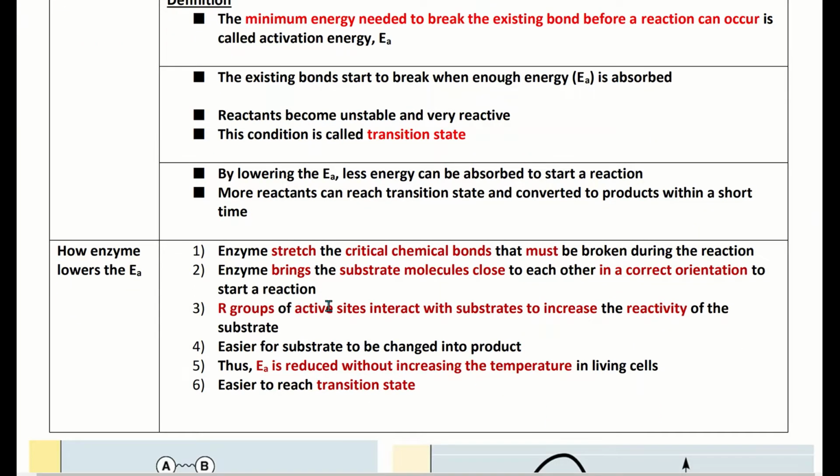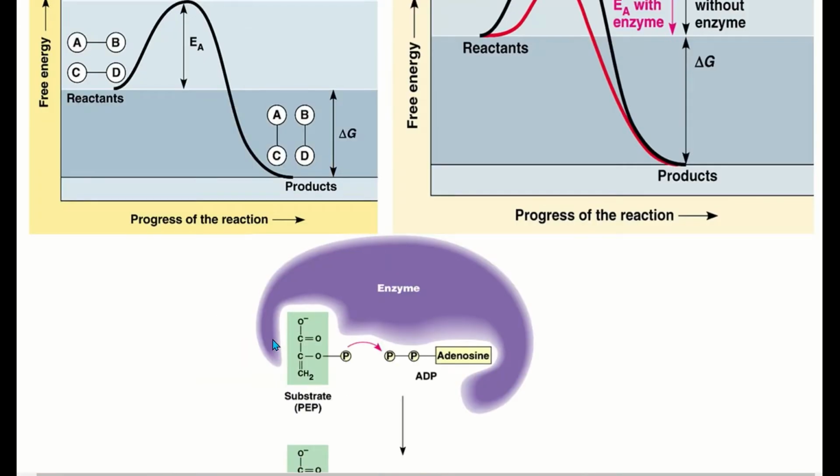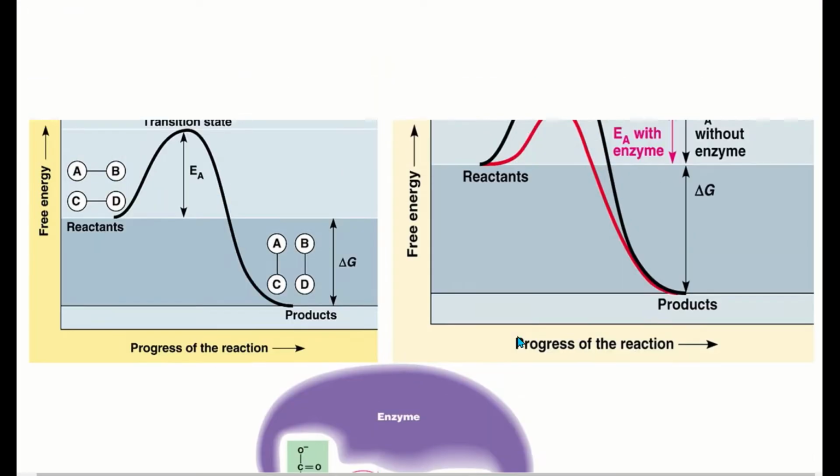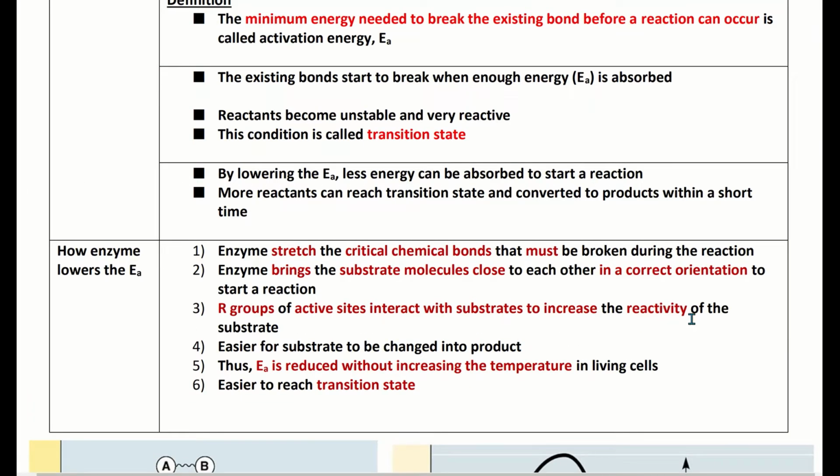R group of active site interact with substrate to increase the reactivity. Now you have, this is the active site. So R group of active site, bring them close together to increase the reactivity of substrate. This easier for substrate to change into product.